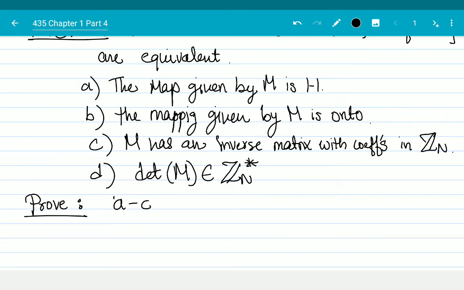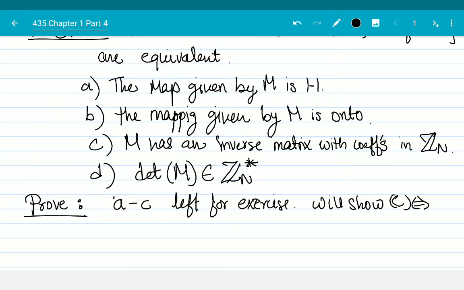A to C left for exercise, we will show C same as D. Okay.